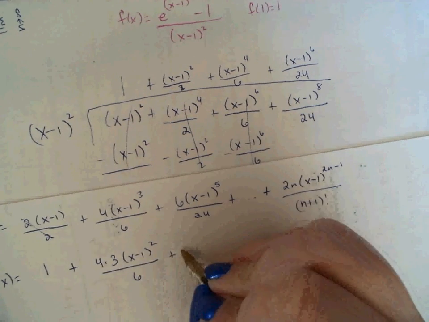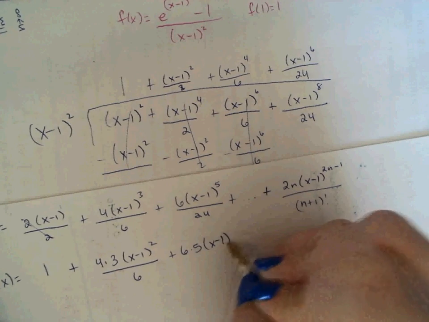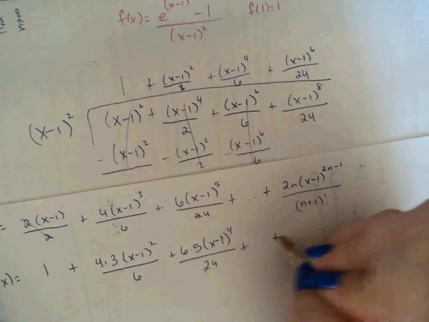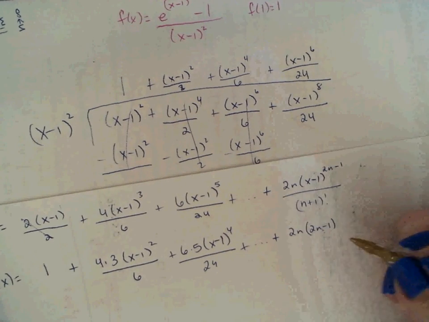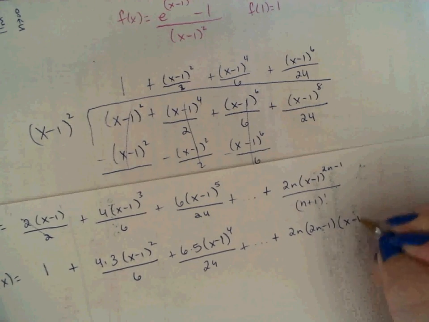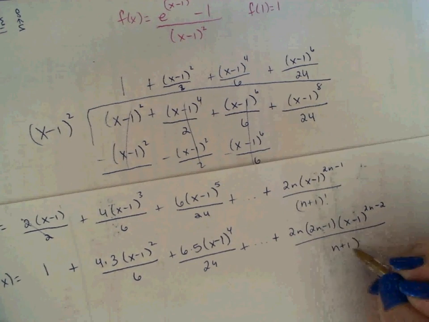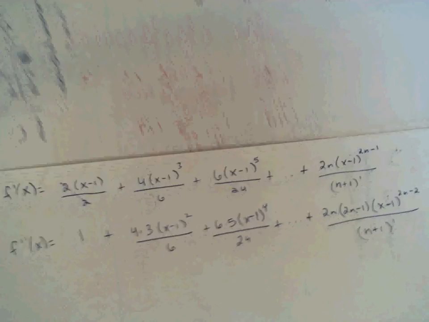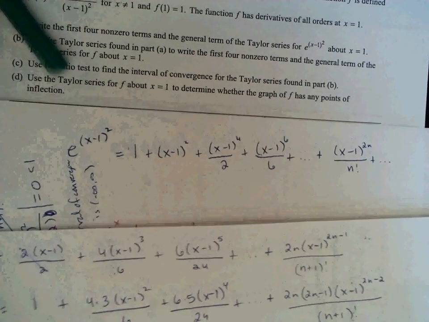Plus, if I bring the 3 down, this becomes 4 times 3 times (x minus 1) squared over 6, plus 6 times 5 (x minus 1) to the 4th over 24, plus 2n, bring the power down, (2n minus 1) times (x minus 1)^(2n minus 2) all over (n plus 1) factorial.